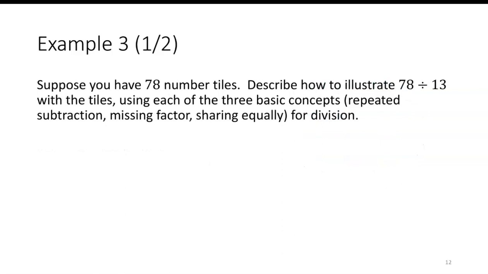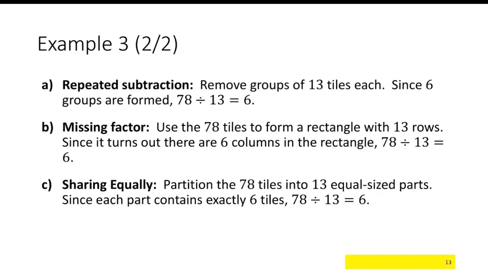So suppose you have 78 number tiles. Describe how to illustrate 78 divided by 13 with the tiles using each of the 3 basic concepts of division: repeated subtraction, missing factor, and sharing equally. Well, I'll just go over an example for each of these. For repeated subtraction, you can remove groups of 13 tiles each.